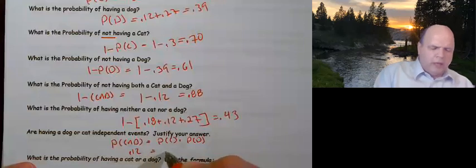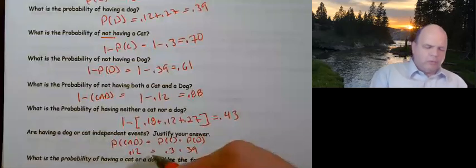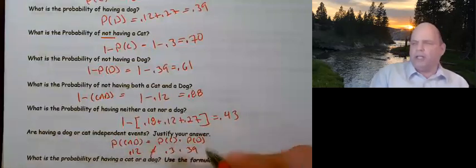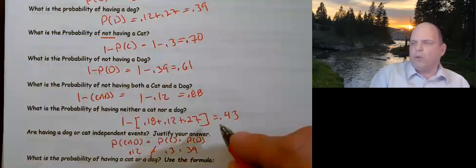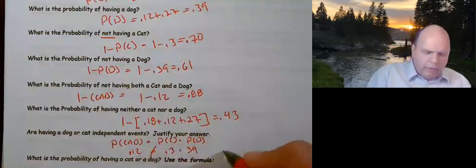What's the probability of cat? 0.3 times this is 0.39. And when I multiply them, they're close, but they're not equal. So therefore, not independent.